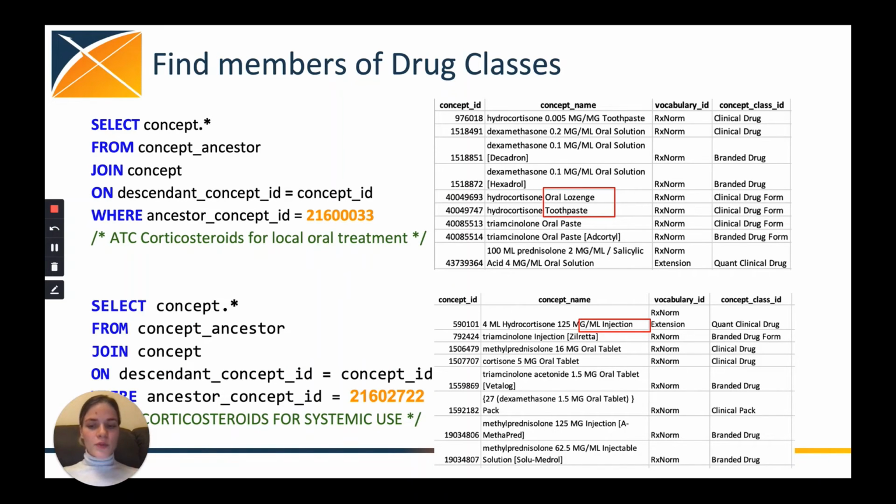So sometimes we only want to focus on the drugs that are administered either in an injectable form or in oral form. And in this case, ATC comes in handy because you can actually query for a specific route of administration or action. So in the second example, you will hold the ancestor being corticosteroids for systemic use, and you'll see that you're only getting drugs with either oral forms or injectable forms.